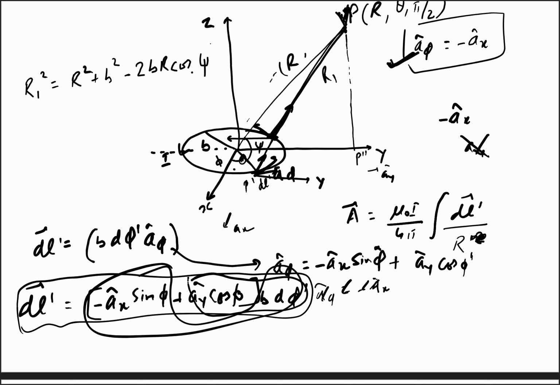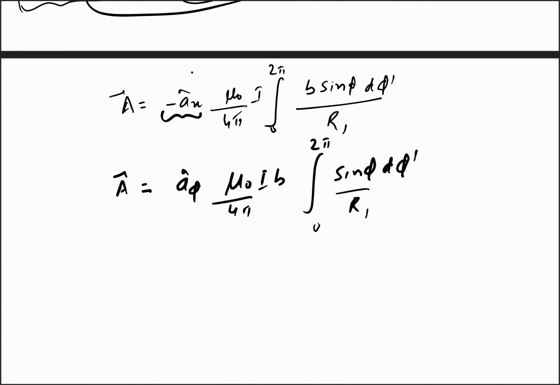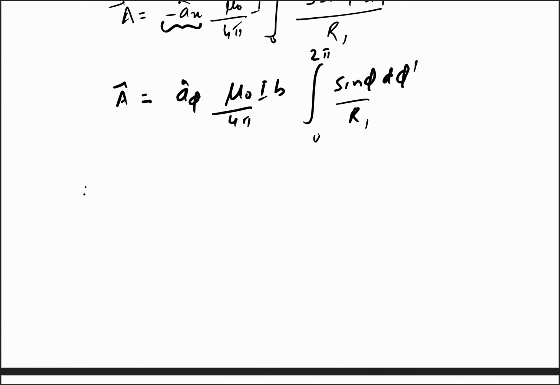So we will use this law of cosines in our calculation. So r1 square is equal to r square plus b square minus 2br cos psi. Now we have some ray of hope that we can replace r1 somehow with r.